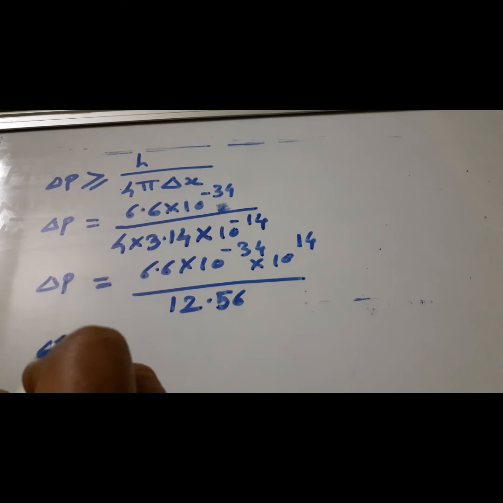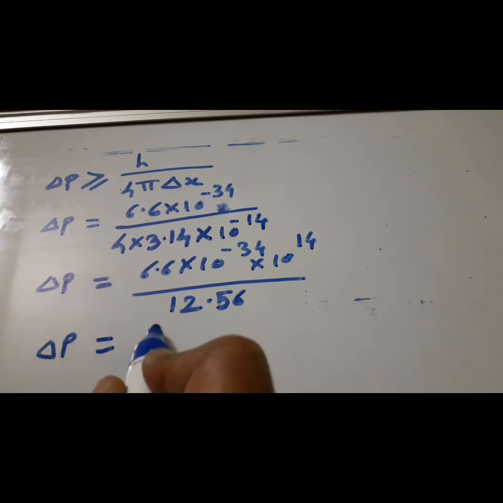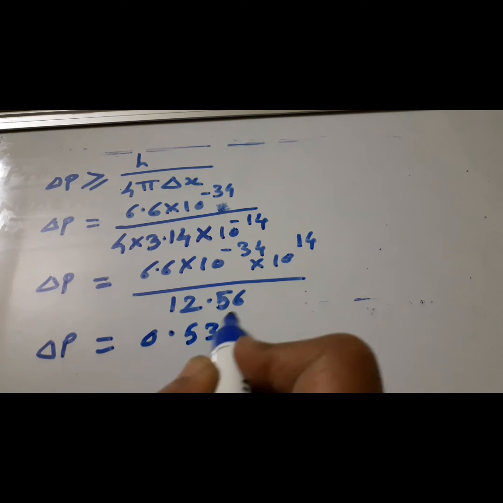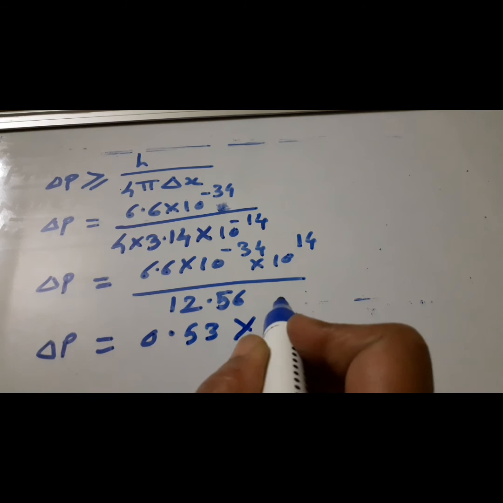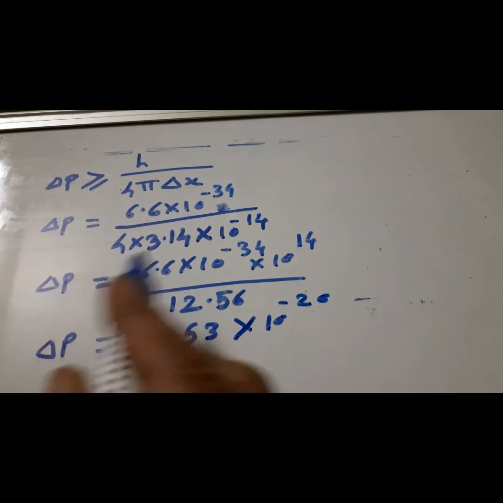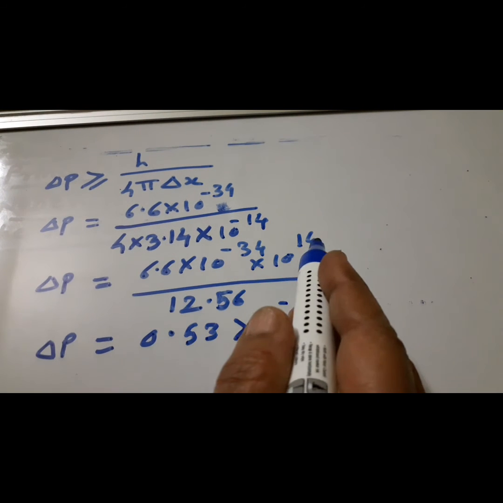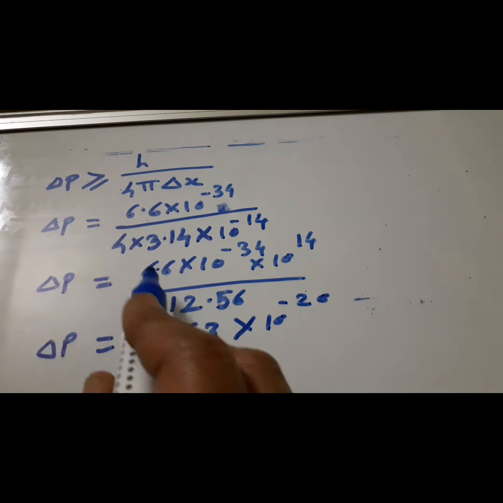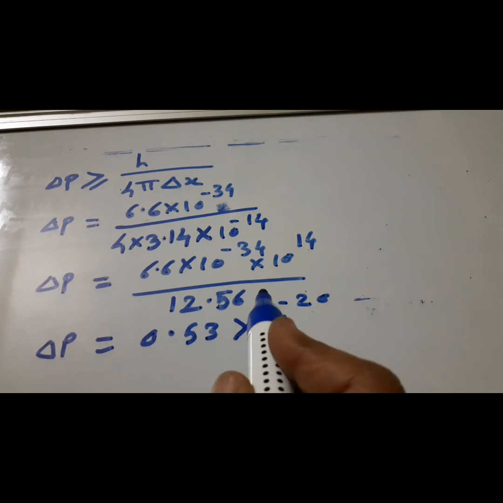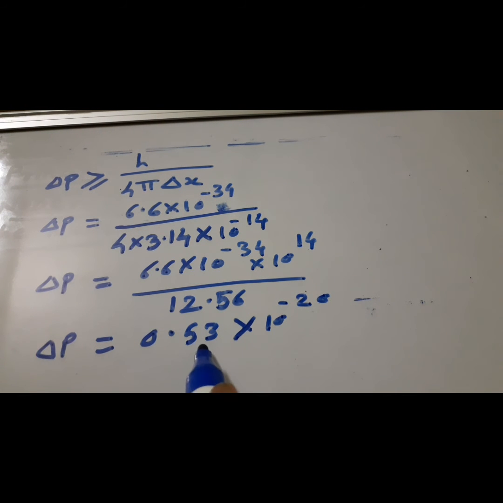Therefore, delta p is equal to 0.53 into 10 to the power minus 20, because minus 34 plus 14 is minus 20, and 6.6 divided by 12.56 is 0.53. But the radius of the nucleus is very small, so delta p is approximately equal to p.